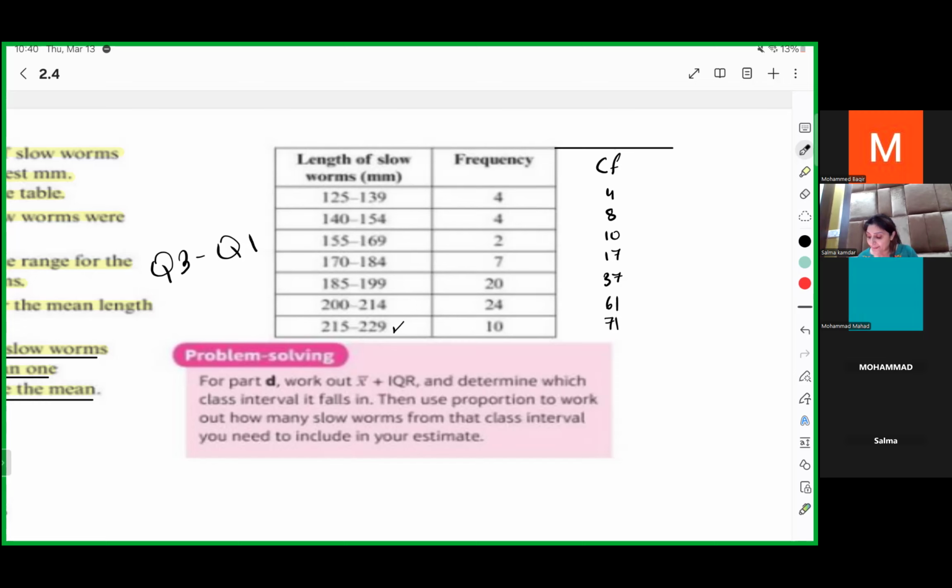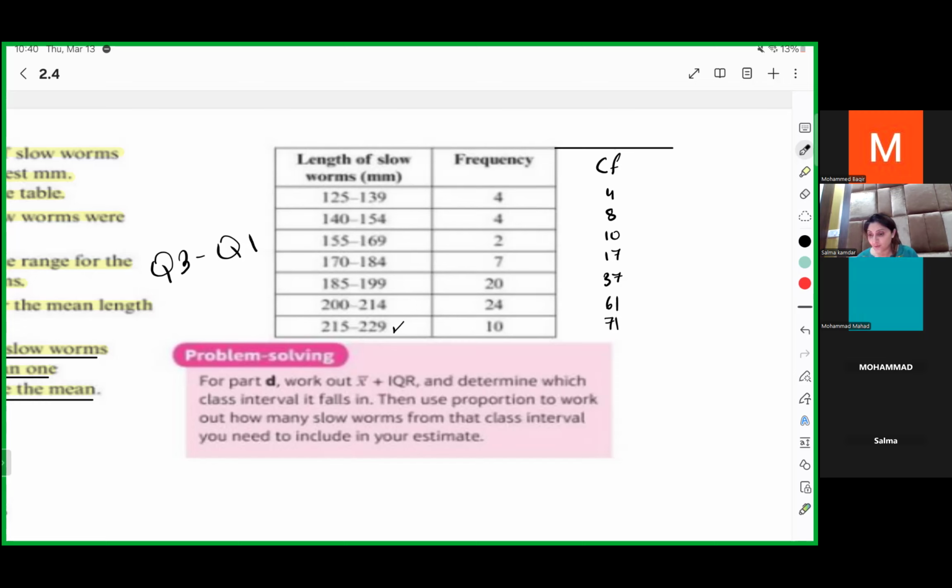So I get my P, which represents the number of slow worms up to 217.7. Now this is my class. Up to 217.7, I have 63.13 slow worms.